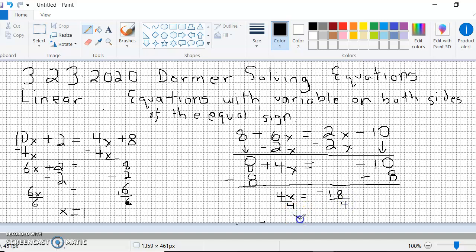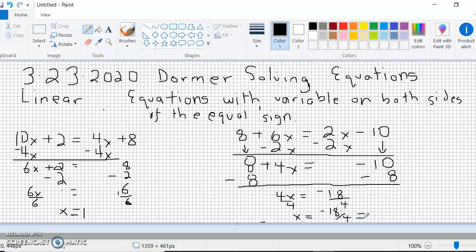So I have x is now equal to negative 18 over 4. Okay, I could also put this into an improper fraction or mixed fraction.